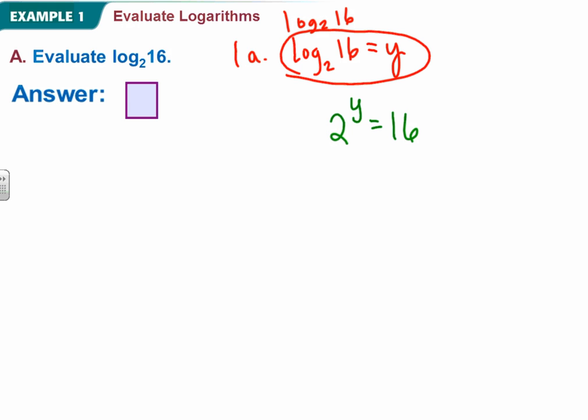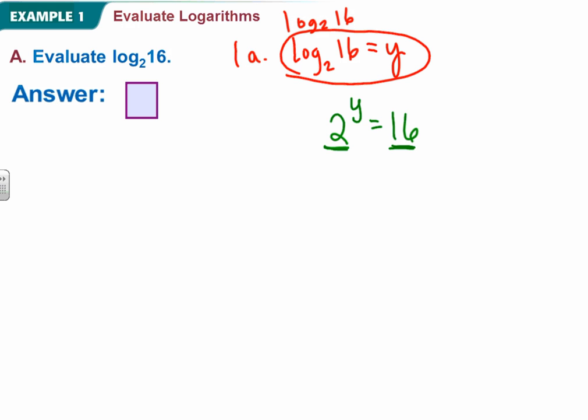Now, the deal with logarithms is when you have a little equation like this, if the base here is 2, you want that base to be 2 as well. And 16 should be recognizable as 2 to the something. And if maybe this would have been 4, well, 16 would work. Or even if this was 4, I could change this to 4 squared, right? So they would be the same.